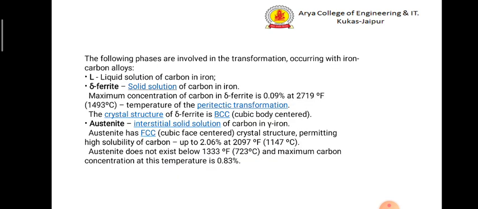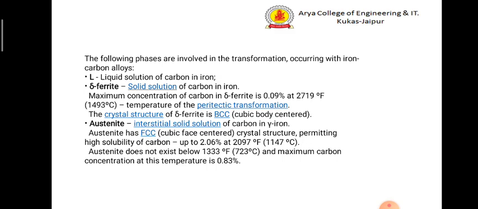The following phases are involved in the transformations occurring with iron-carbon alloys. First of all, L, liquid solution of carbon in iron. Then second is delta ferrite, solid solution of carbon in iron.